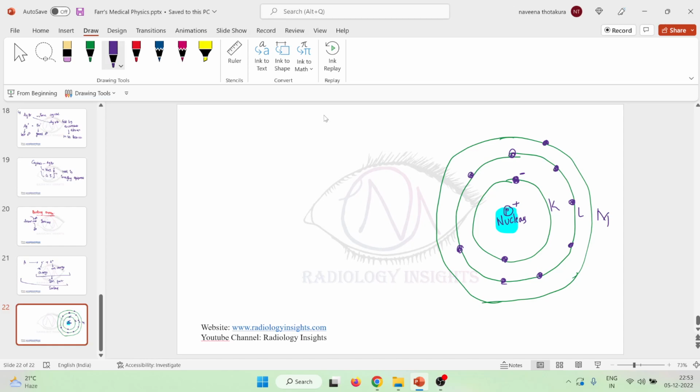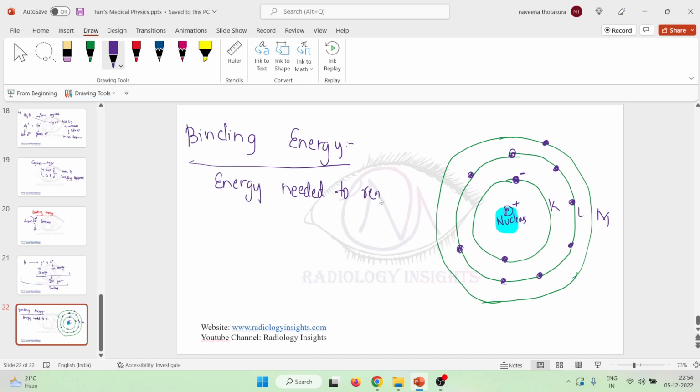Then, one important thing here is binding energy. What is this binding energy? Binding energy is the energy needed to completely remove the electron from its orbit. Energy needed to remove an electron, that is called binding energy.